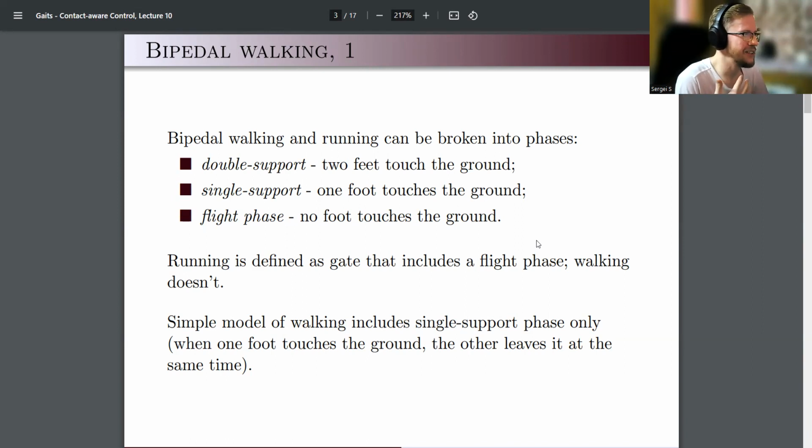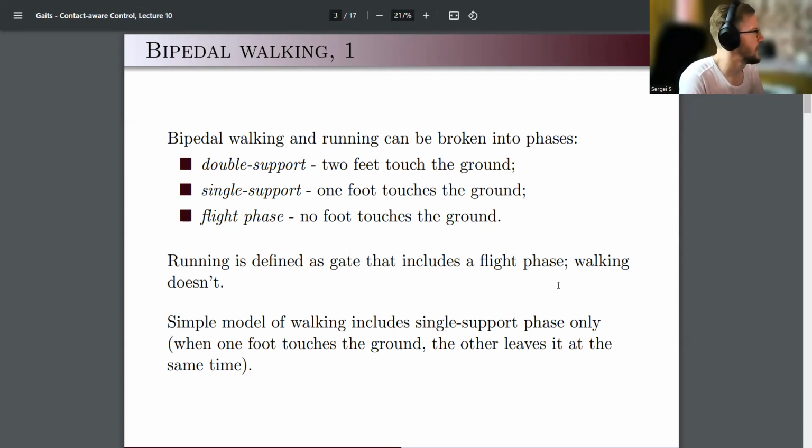We can study bipedal walking and then we get the intuitions that we need for quadrupeds almost for free, because when we go from bipeds to quadrupeds, we don't add more complexity in terms of this type of gait. So that is why we start with bipedal robots.